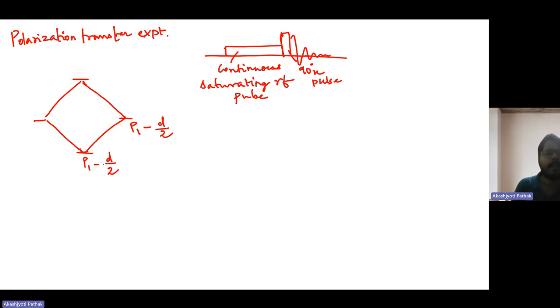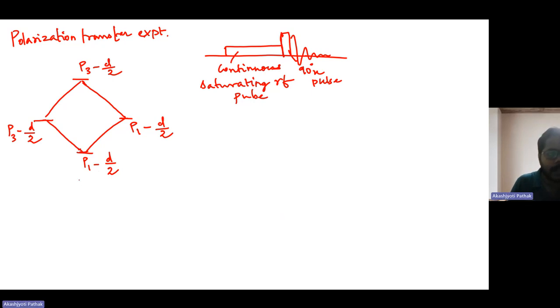The net population difference, D, gets redistributed half and half in these two energy levels. Similarly, here also, under this saturating RF pulse, it gets redistributed, and the population difference P3 minus D by 2 becomes saturated.